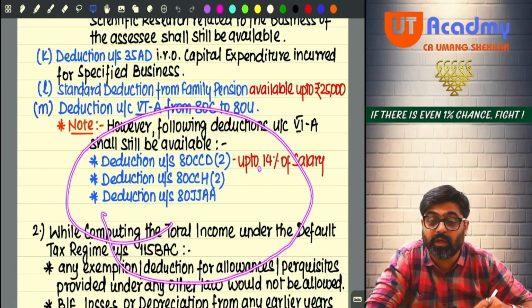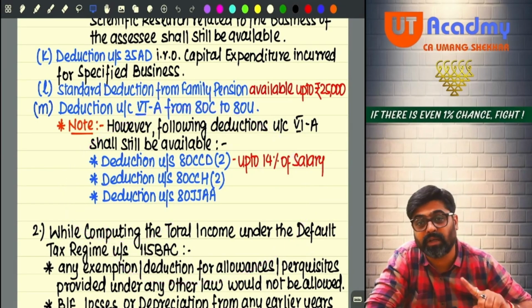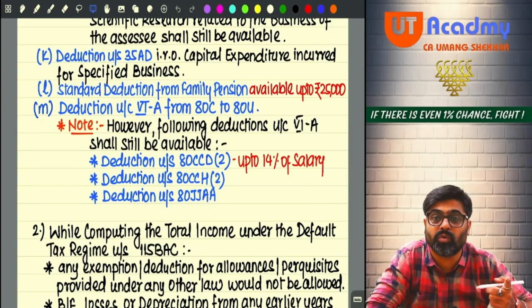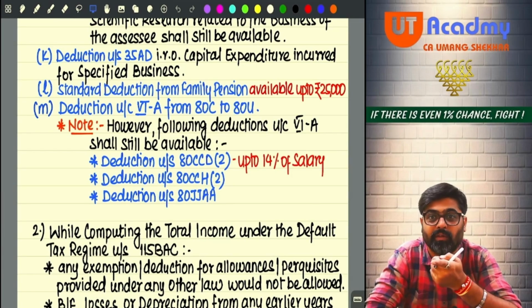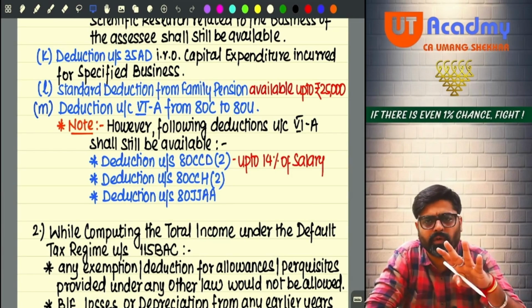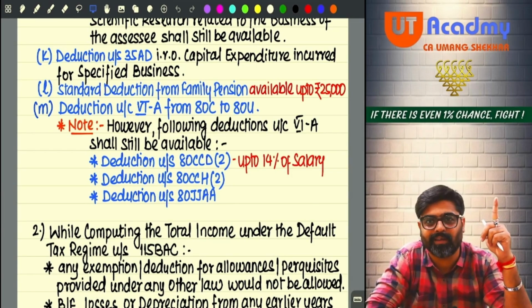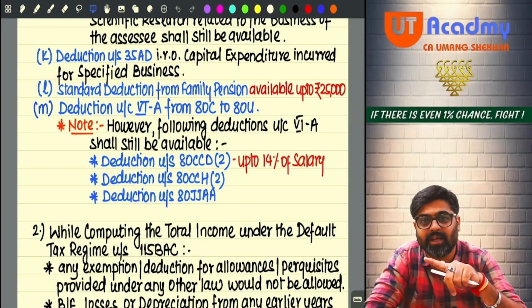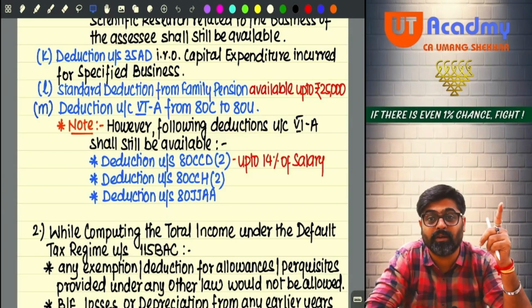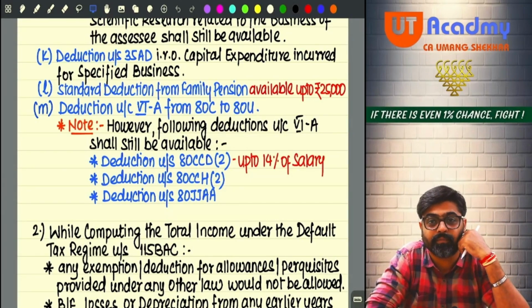80CCD2, employer's contribution to NPS, first taxable, claim under 80CCD2 up to maximum 14%. You are following 115 BAC. But if you don't follow 115 BAC, up to 10% only. Yes or no? Of your salary. Then 80CCH2, employer's contribution, government's contribution to Agniveer Corpus Fund.